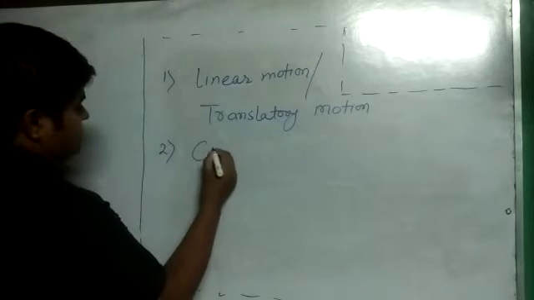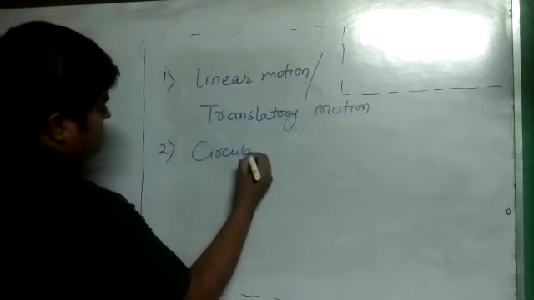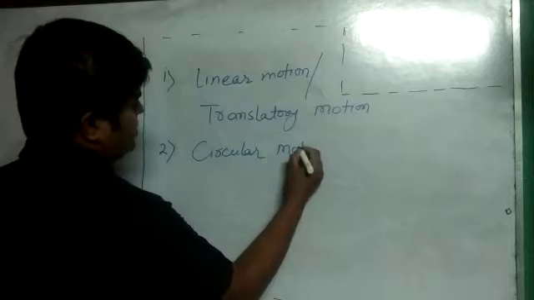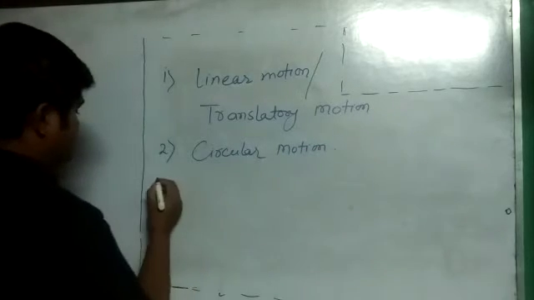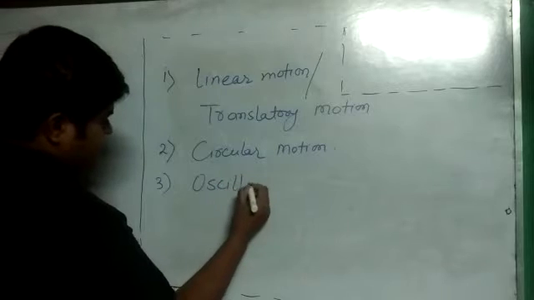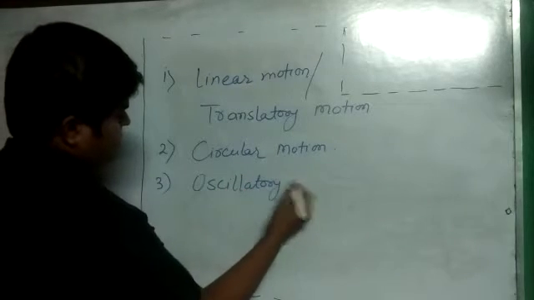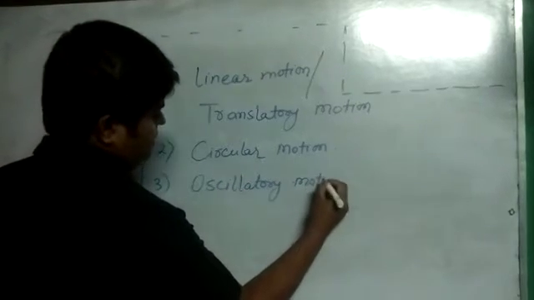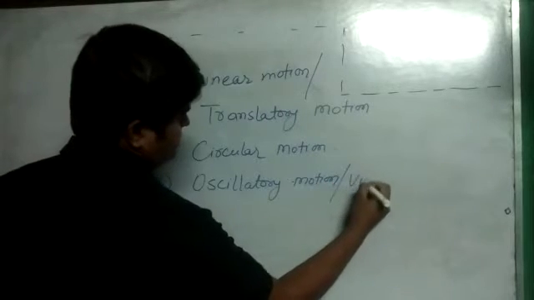Second is circular motion. Third is oscillatory motion, also called vibratory motion.